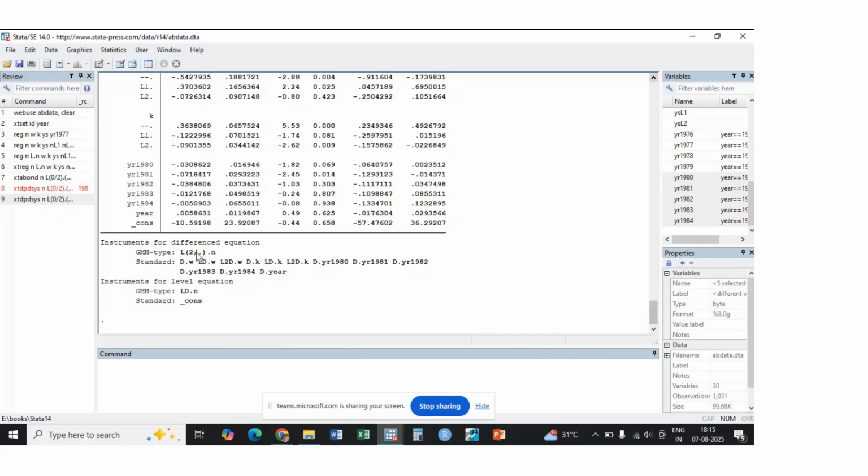You remember the big matrix, right? That is what is happening here. So there are two post estimation commands. One is A bond. So estat abond.